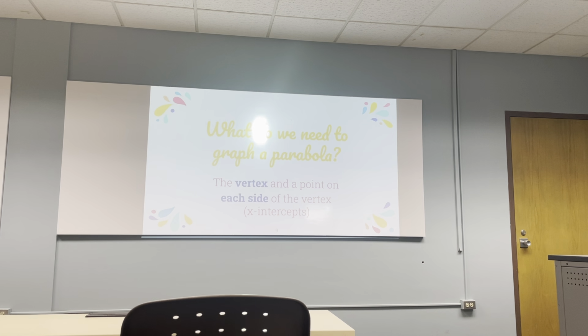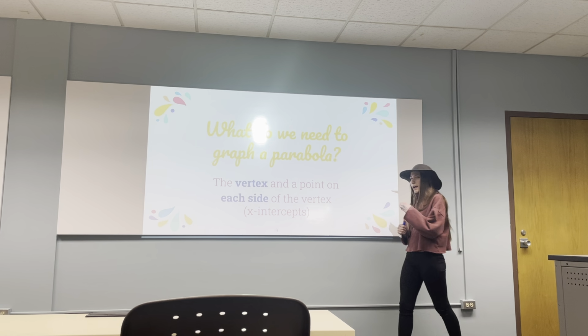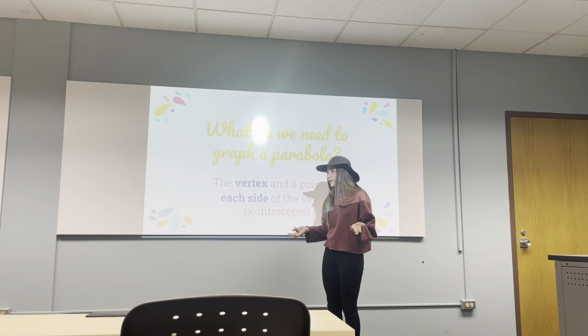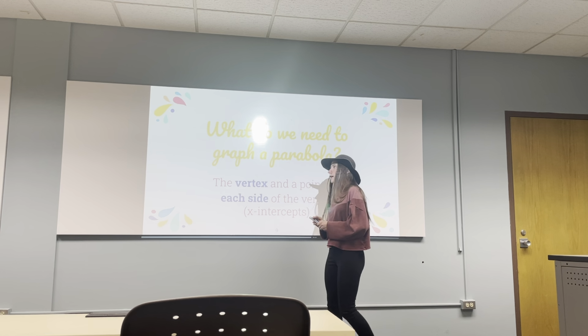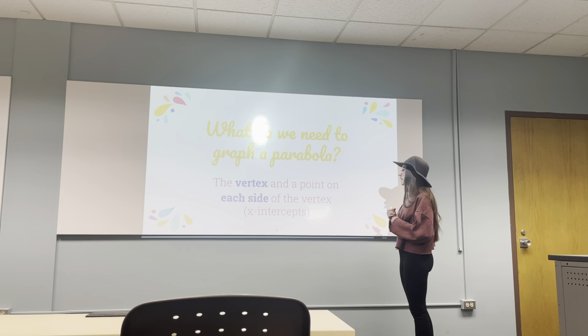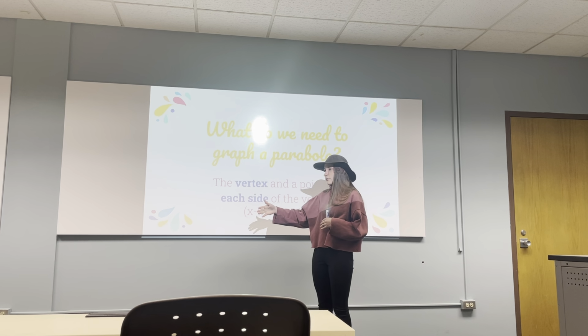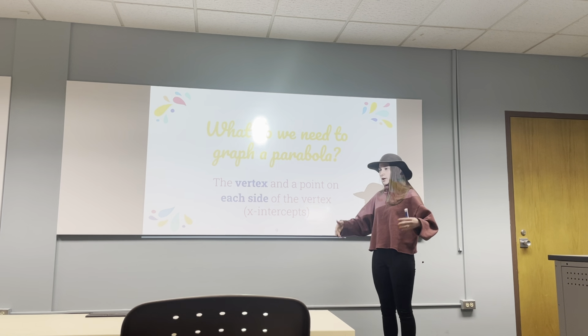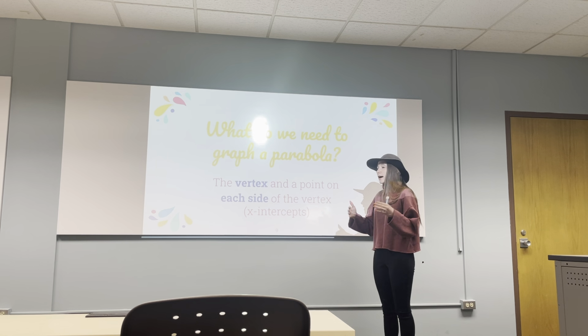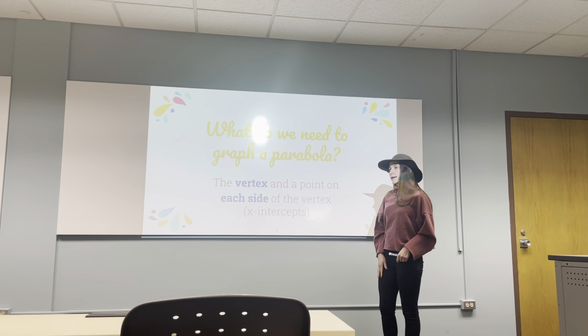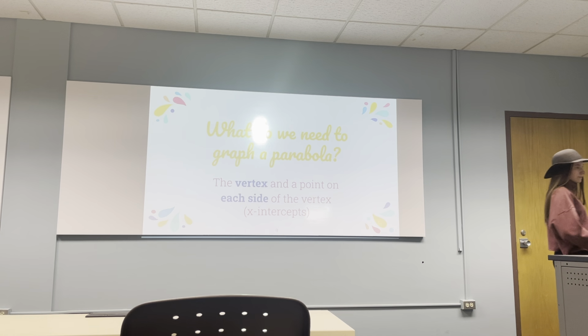So, how I parameterized it is we need the vertex, and then we need a point on each side. For factored form, we already have the x-intercepts, so it works really well. But if we had a parabola and we just had the vertex, we could just choose 1 unit to the right and 1 unit to the left, plug in our x's and get our y's for those, and it would still be 2 on either side of the parabola, and you could graph it.